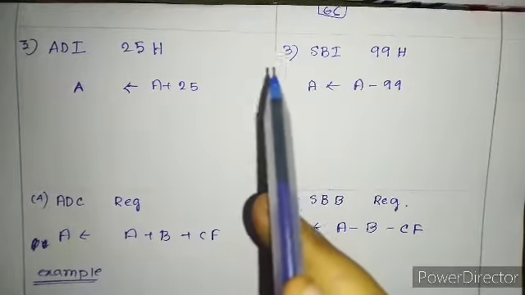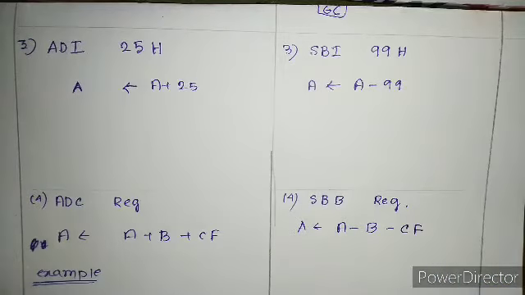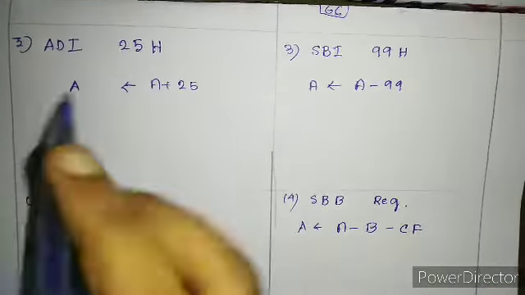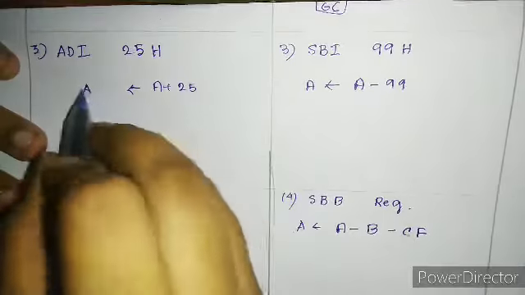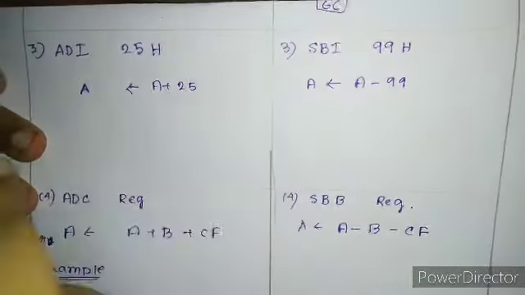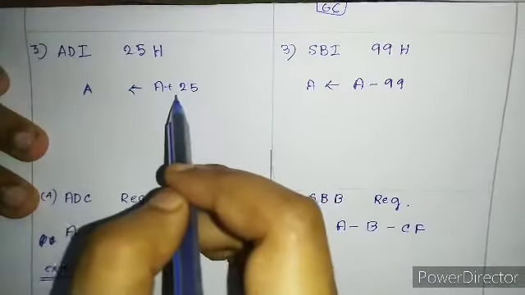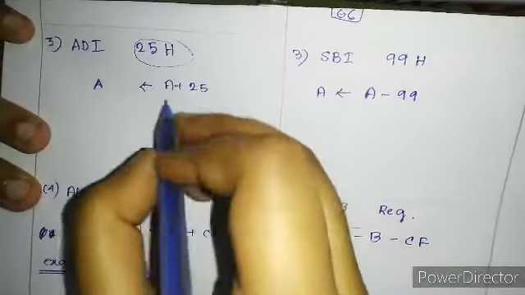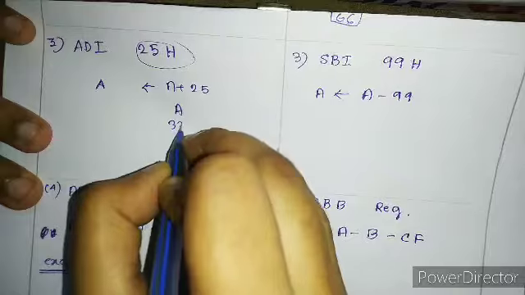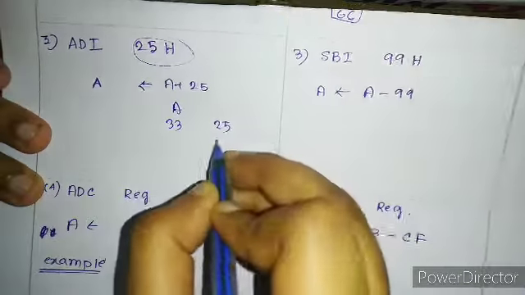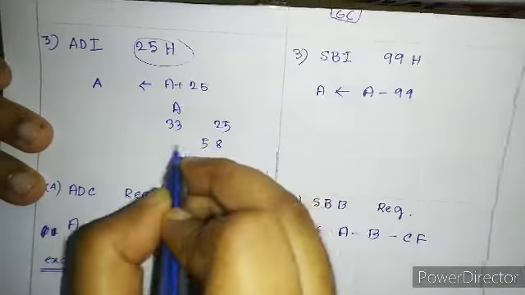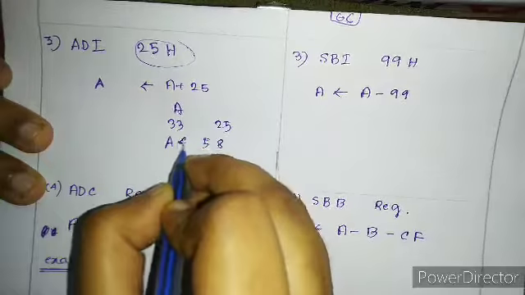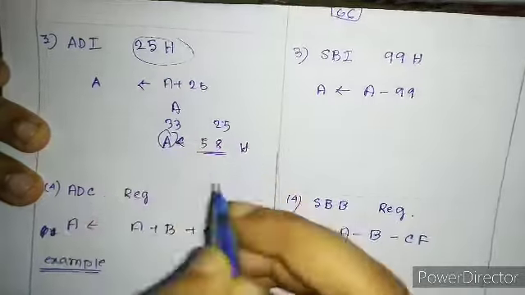This is subtract immediate. ADI 25 means, there is no register mentioned, so the first value will come from A and the next value will come from this data. Probably A is 33 and the other is 25. Now it will be 8 and 5, so A will get the result 58H.